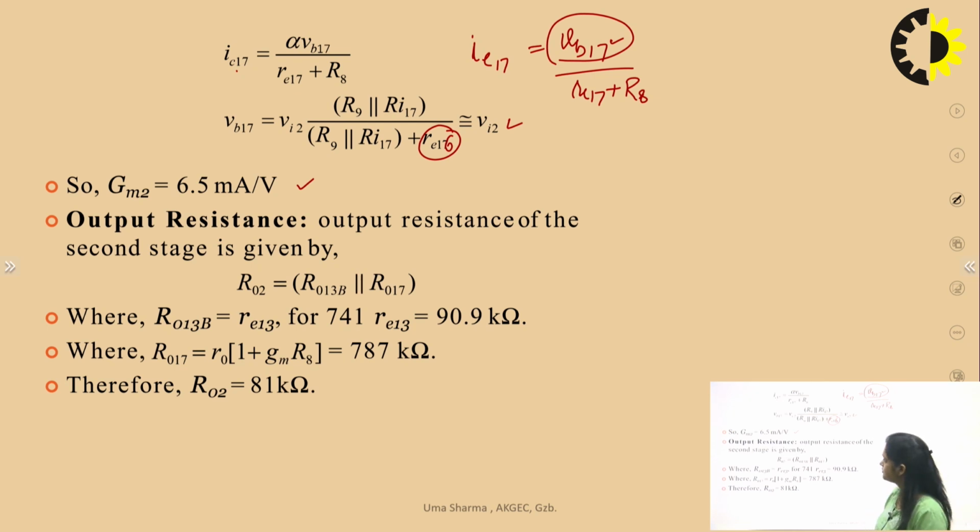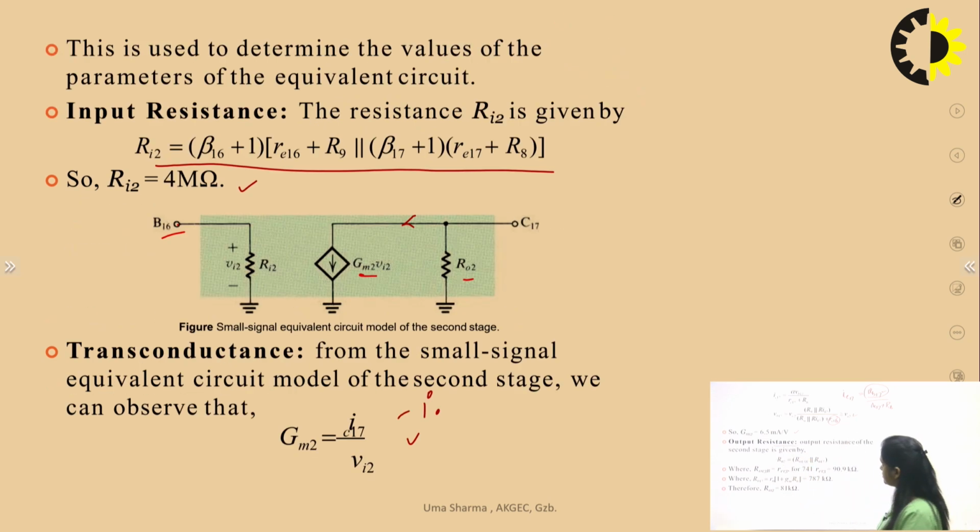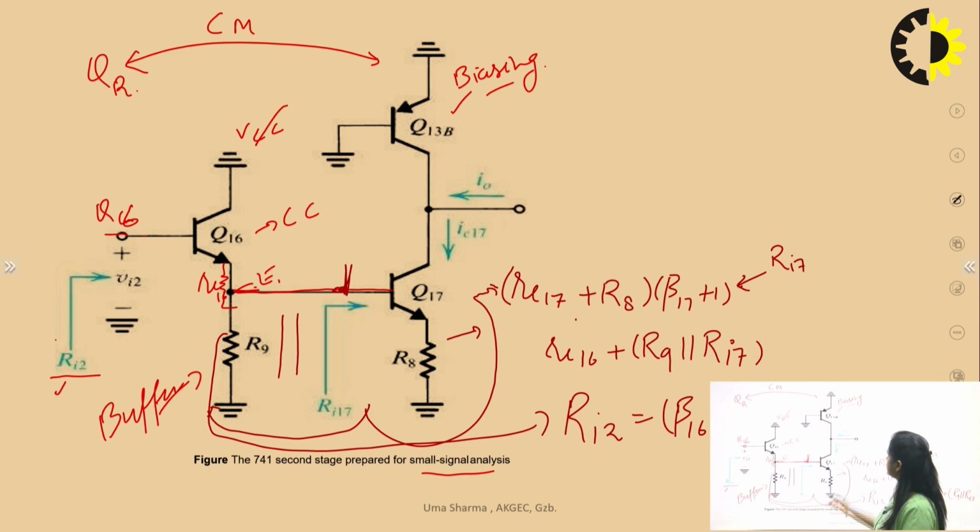Now come to the output impedance or output resistance of the second stage. From the figure you can see that this is the output node, and here you can define the output impedance RO2. From here you can see that there are two transistors involved in the calculation of output impedance. One is Q13B, which is connected in common base configuration, and the second one is Q17, this transistor.